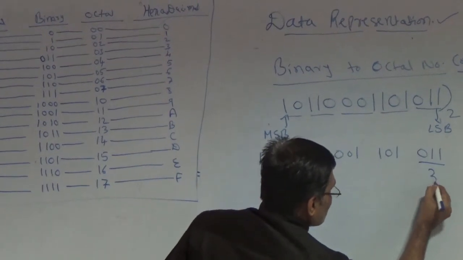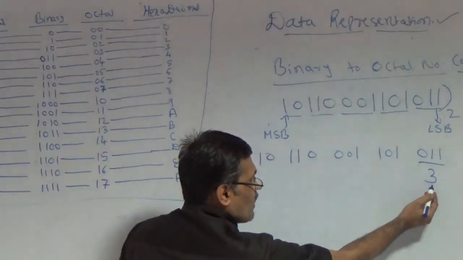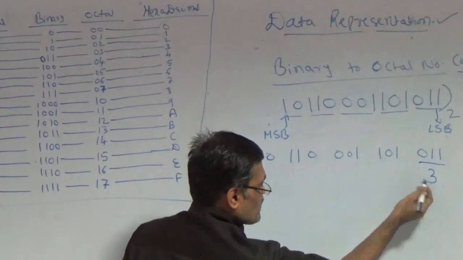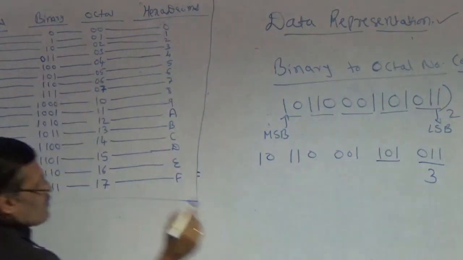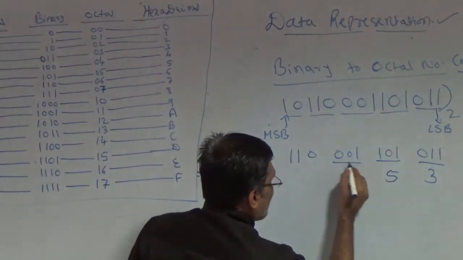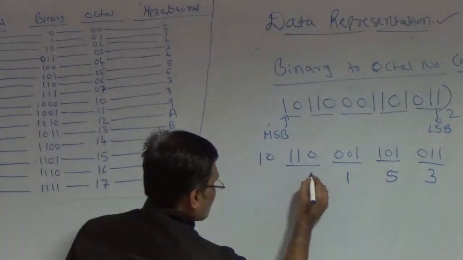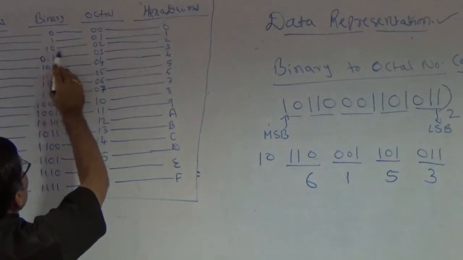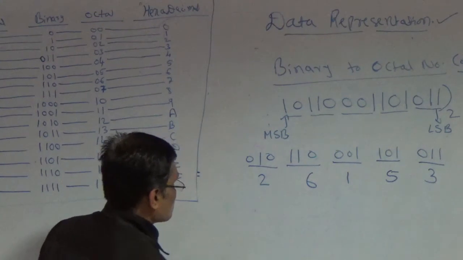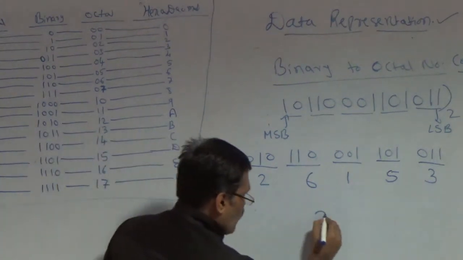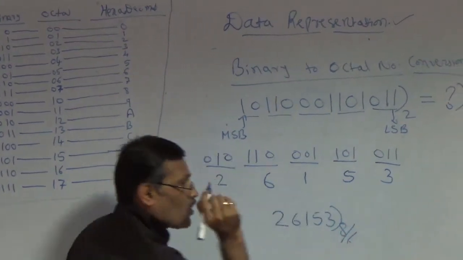Then 101 is nothing but 5. And this is 1. 110 is 6. Then 010 is 2. This last one, if you add a zero, it will become 3 bits. So overall, we can say that 26153 is the equivalent octal code.